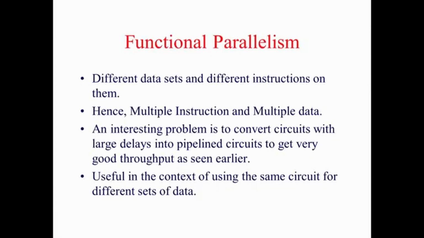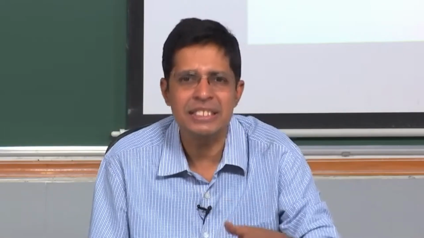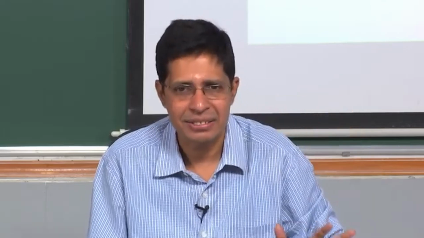Now before going forward, please note that this is an example of what we call functional parallelism. Why is this called functional parallelism? Because I have different data sets, and they are acted on by different parts of the circuit. Each circuit can represent an instruction that is working on the data. Part 1 is an instruction, part 2 is another instruction.